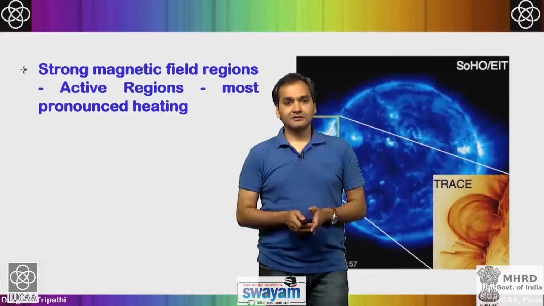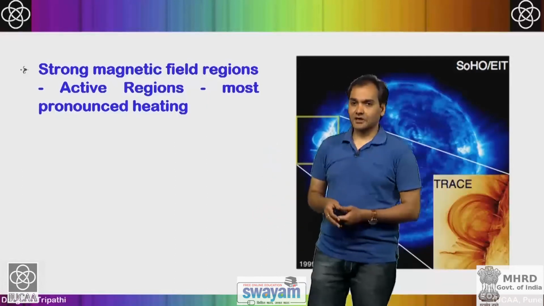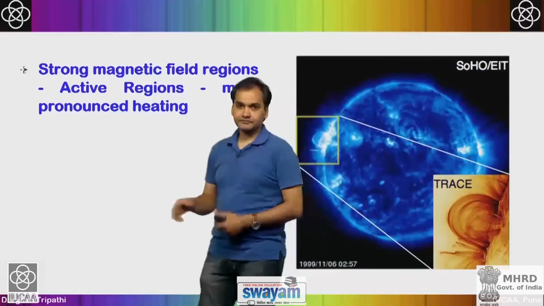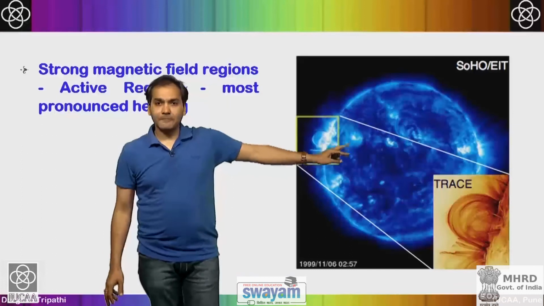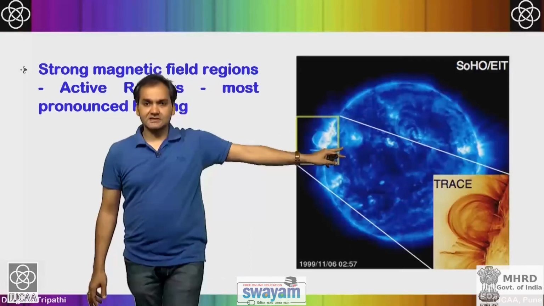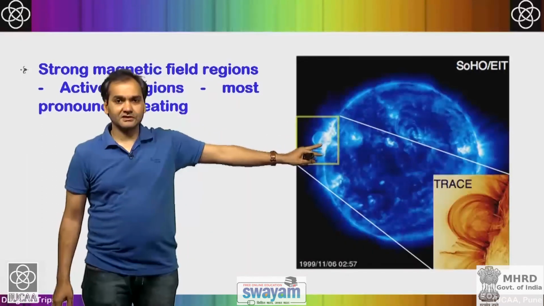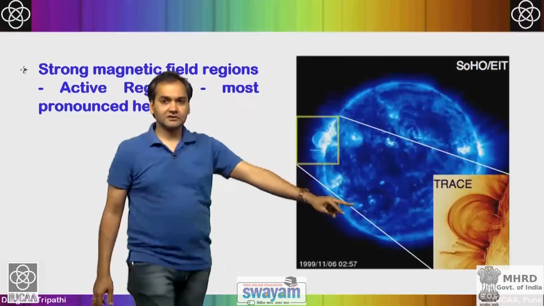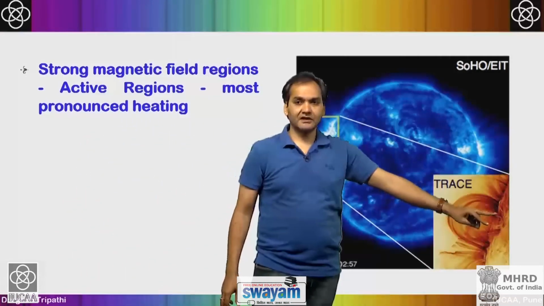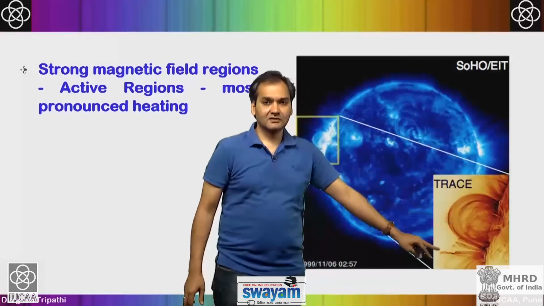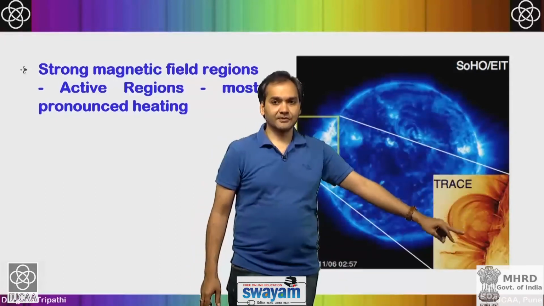If you look at these observations, this is the full disk, but if you look at these brighter regions here, at even higher resolution you have very fine strands where you see these emissions coming from.